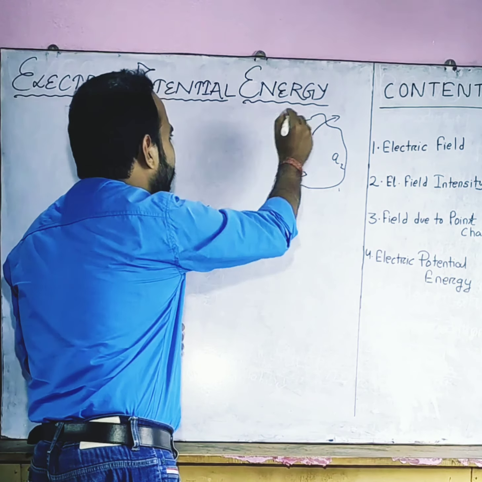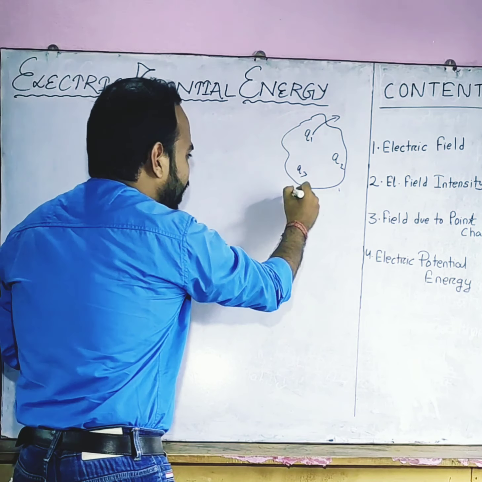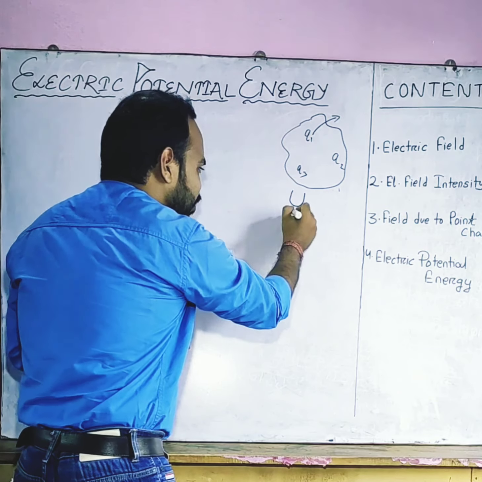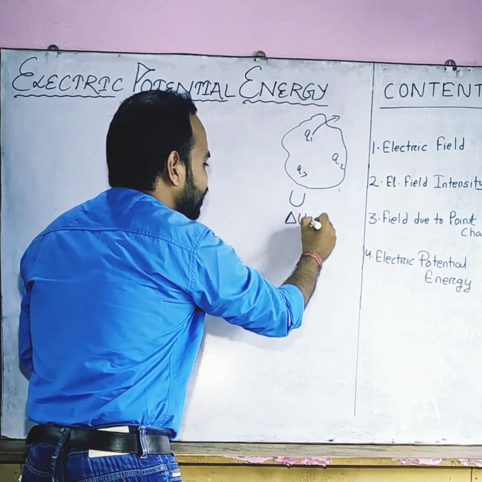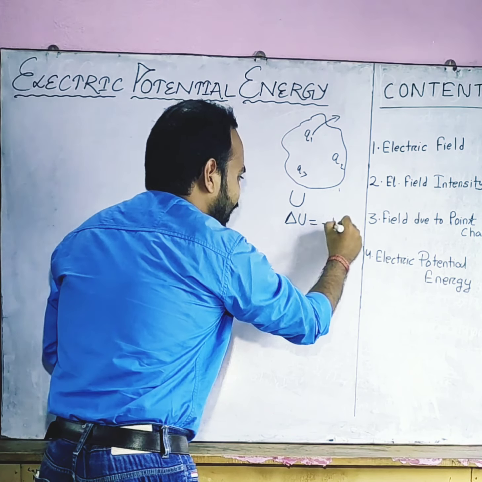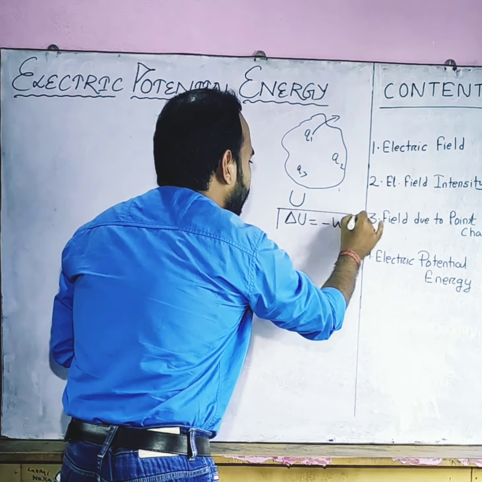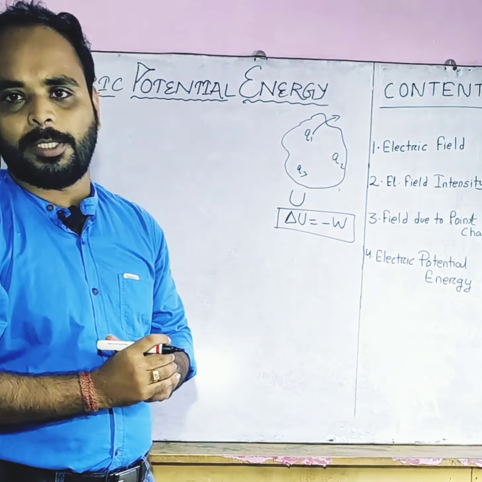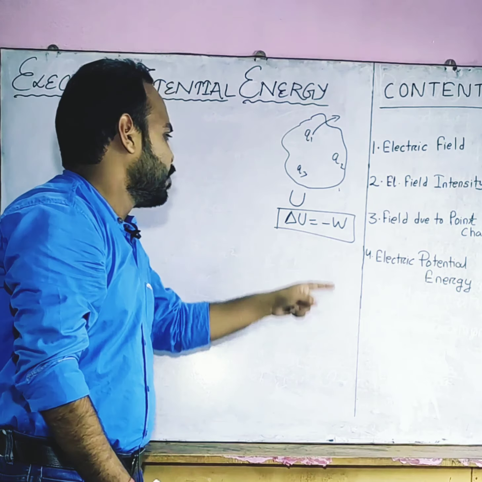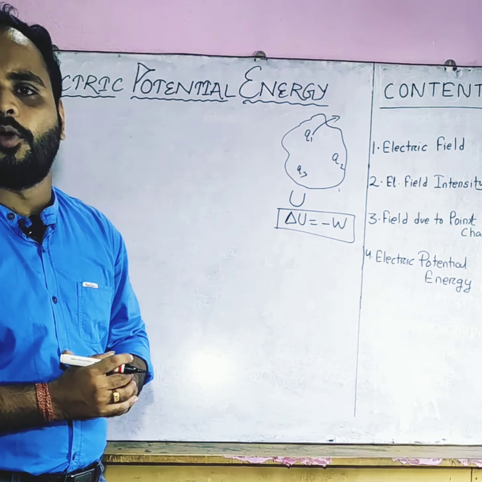Now potential energy is denoted by U, and the change in electric potential energy is termed as the negative of work done due to these electric forces. Now let us derive the expression for the electric potential energy.